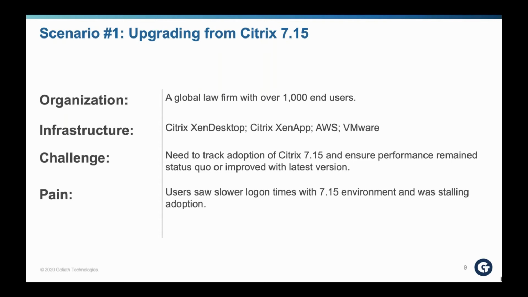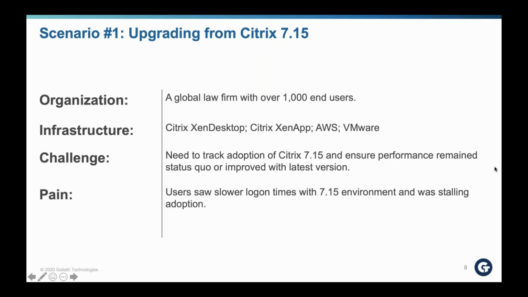So they leveraged our technology, and what they were able to do is track end user experience and track all of the delivery infrastructure in one single view, as well as troubleshoot issues as quickly as possible in both environments to ensure that the rollout process went well. So, I can jump right into the technology and talk about how this customer was actually able to do that, leveraging the Goliath solution.